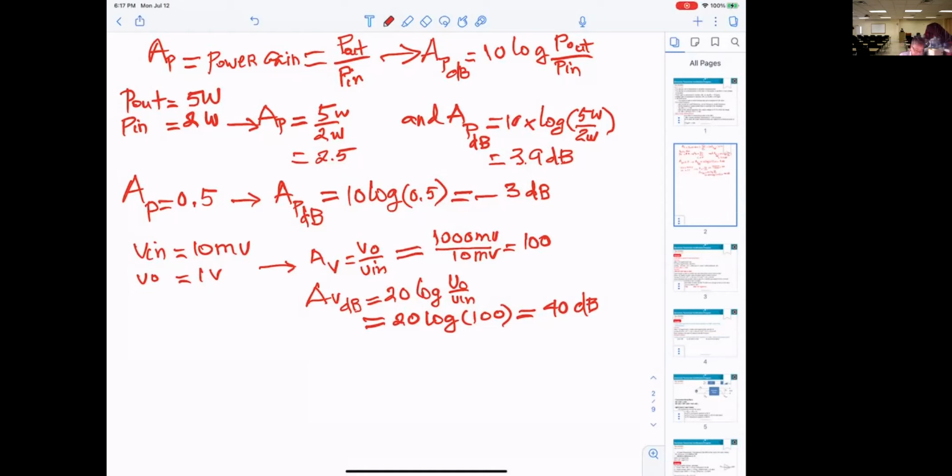Okay, one more thing. If I get AV 0.707, I want to know AV in dB. It will be 20 log of 0.707.